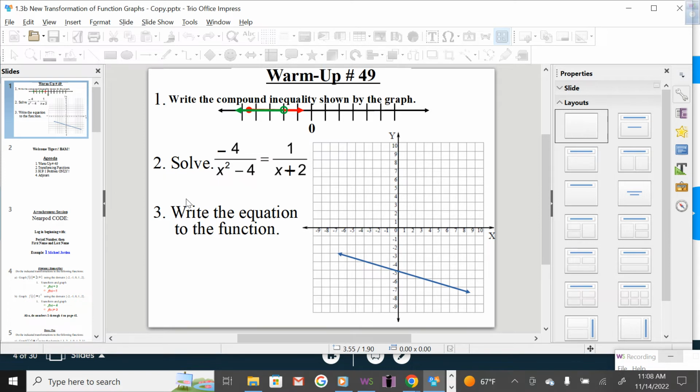Number 2, x equals negative 2. When you cross multiply, you ended up with x squared minus 4 equals negative 4x minus 8. Get everything to one side. And for number 3, this line is crossing at negative 5, and the slope is going down 1, 3 steps to the right, so the slope is negative 1 over 3.